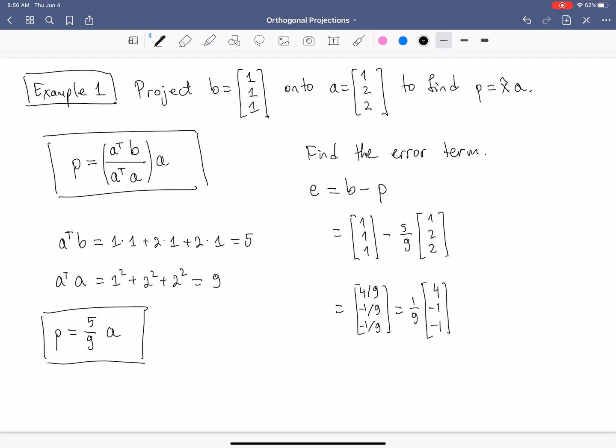So what do these E and P do? Let's remind ourselves. We are here in this particular example in 3 space.